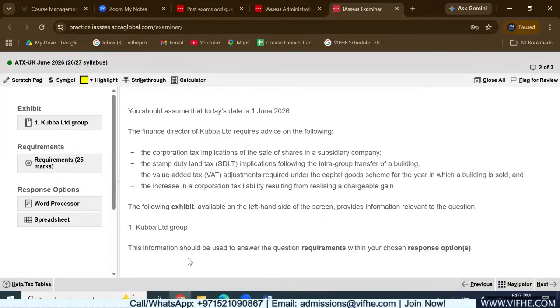Kindly have a quick look at the background information, and then I'll open the exhibit. In case of section B, the exhibit contains only the information, the scenario, and the requirements are mentioned separately in a different tab. So let's first have a look at the background information, and then I'll click on the exhibit.